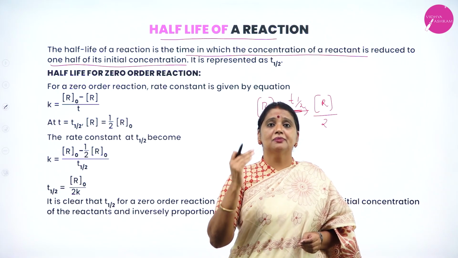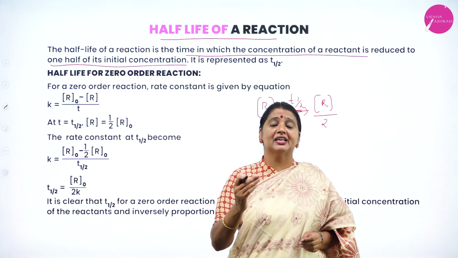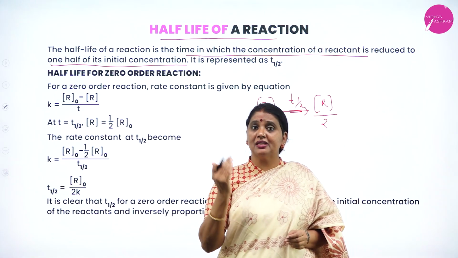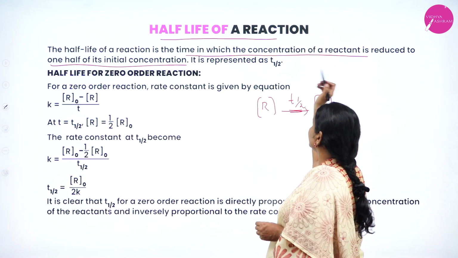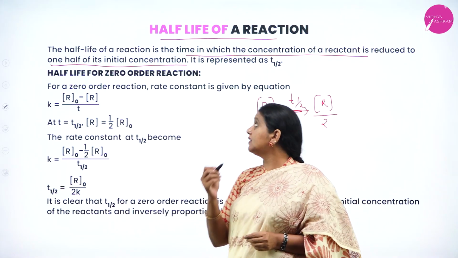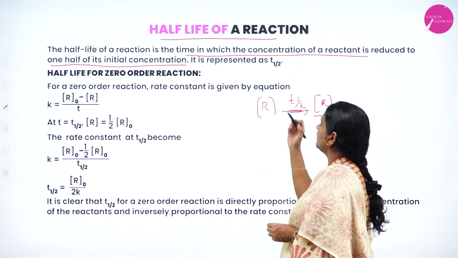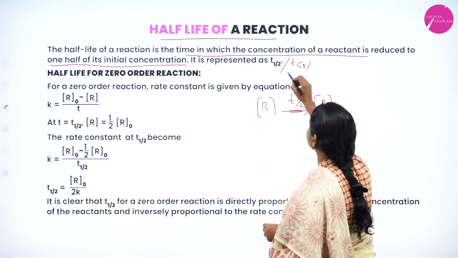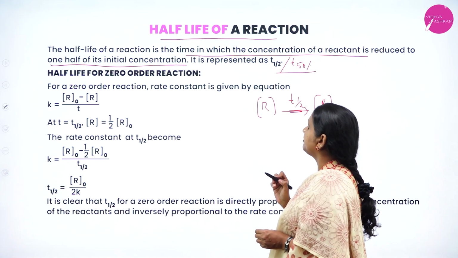One is the time taken to complete half of the reaction, or time in which the concentration of the reactant is reduced to half of its initial value. It is represented by T half or T 50%.